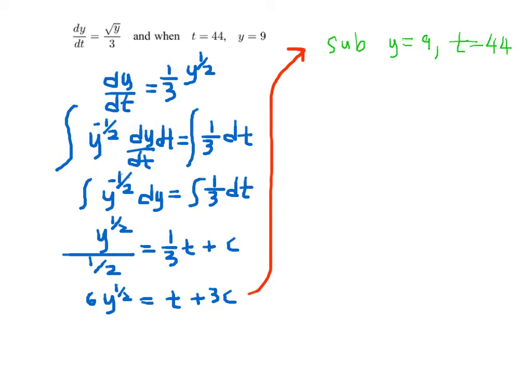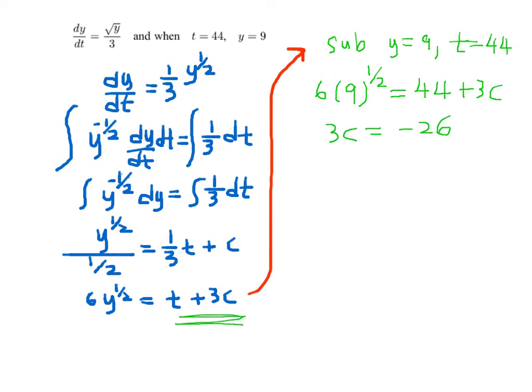So all we need to do is just substitute the y as given here. You should be able to see something like this is 9 to the power half, t is 4, plus 3c. You should be able to show that 3c is negative 26. I don't have to find the c value because I'm going to substitute back into this line right here.